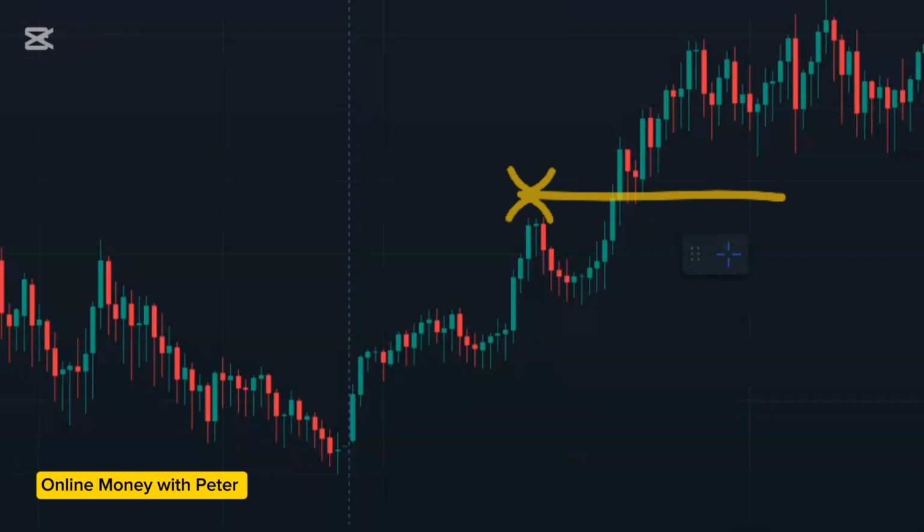All right, now we can see a lot of doji at this point, and then eventually it broke out of this resistance. And when it broke out of this resistance, it came back and did what? It retraced back to this resistance.